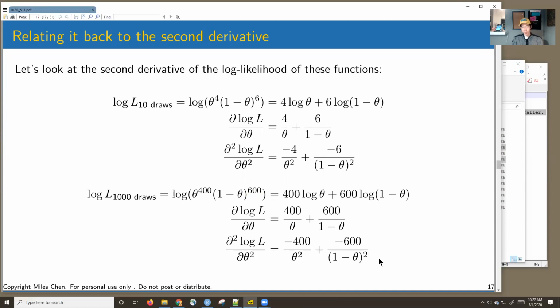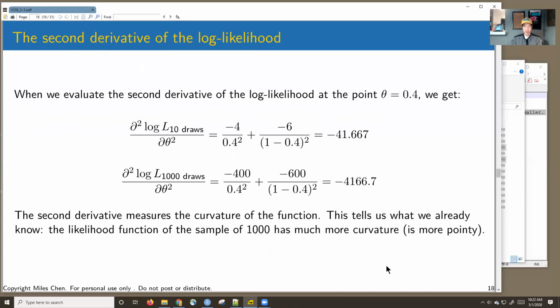So what does that tell us? Well, this quantity down here is just 100 times bigger than this quantity over here. I've taken this quantity and multiplied it by 100. If you evaluate the second derivative of the log likelihood at theta equal to 0.4, then you get what is called the observed information.